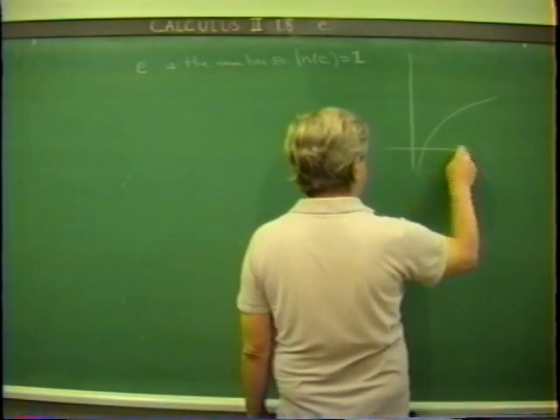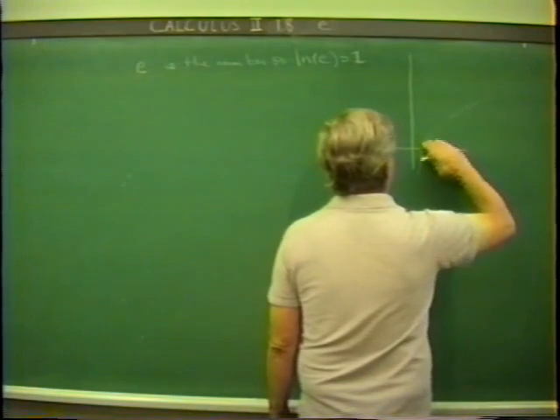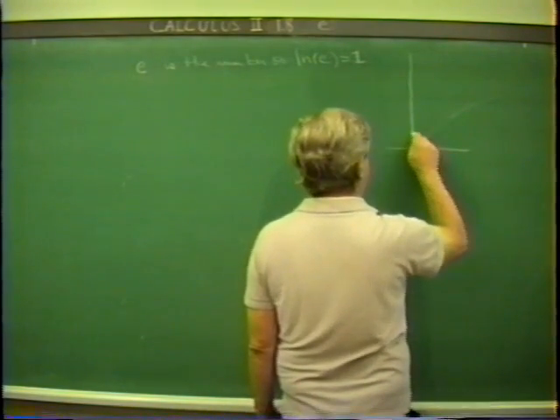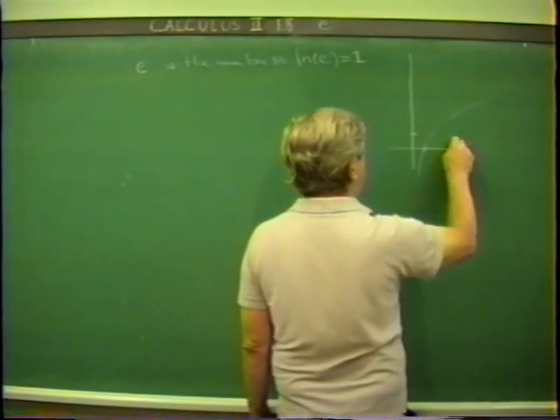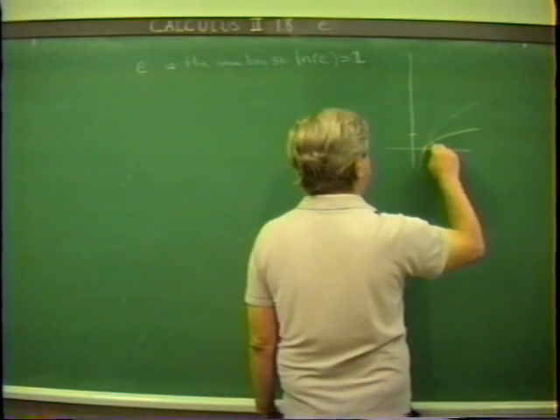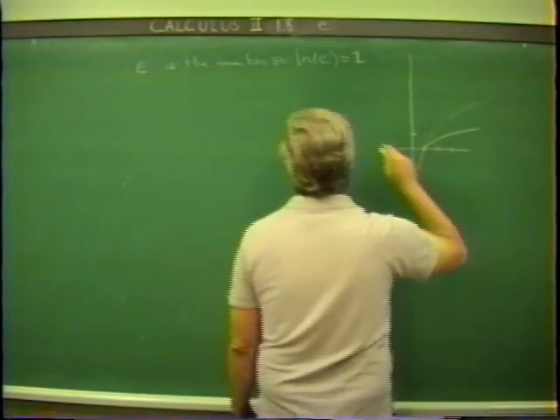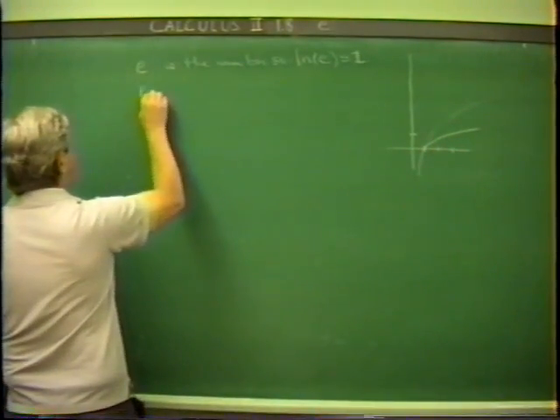And here's your natural logarithm function. Well, I didn't draw this very well. This is 1. This looks something more like this. The number e is going to be between 2 and 3.